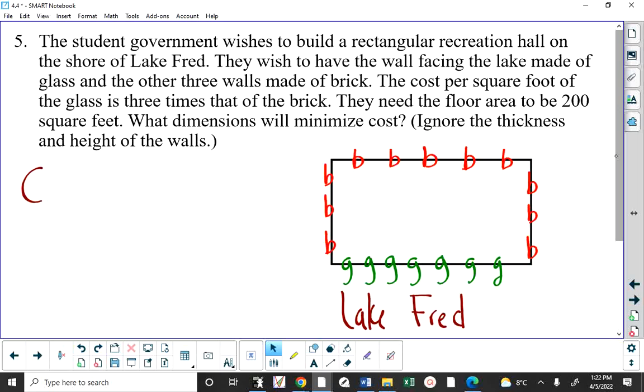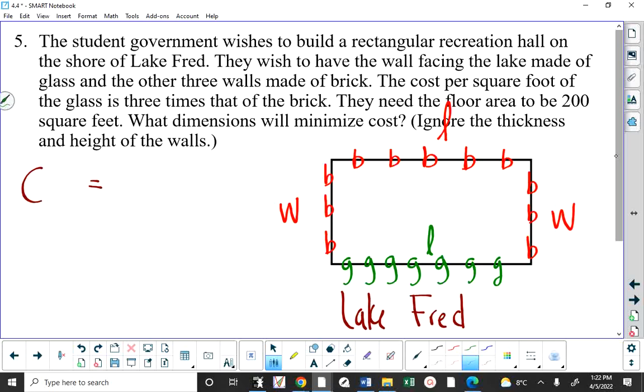But if I were to write out the length of all of this, what would this be? This would be W, this would be W, this would be length, and this would be length. So if I said, what is the perimeter? I'll go with perimeter here. Well, maybe we'll back up. What are we trying to minimize or maximize?